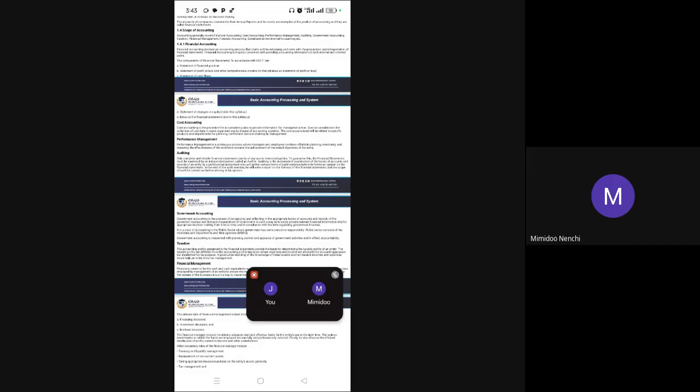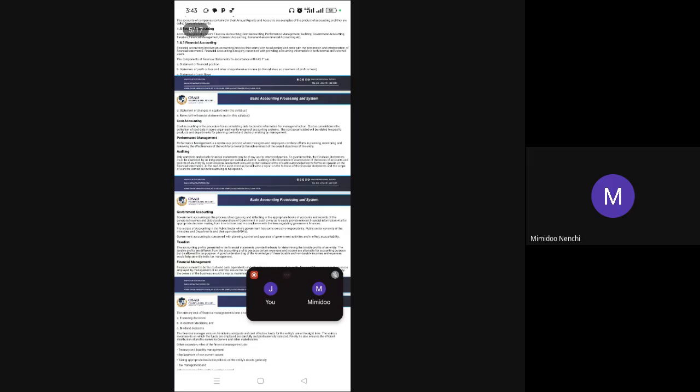The cost accumulated will be related to specific products or departments, depending on what you want to look at, and is needed for planning, controlling, and decision making by the management.